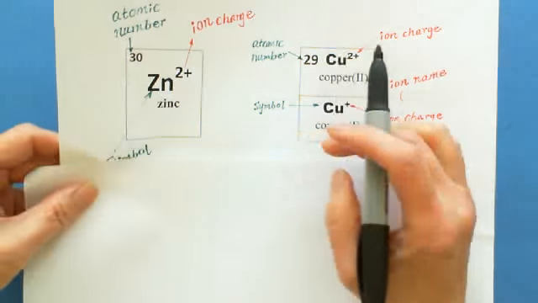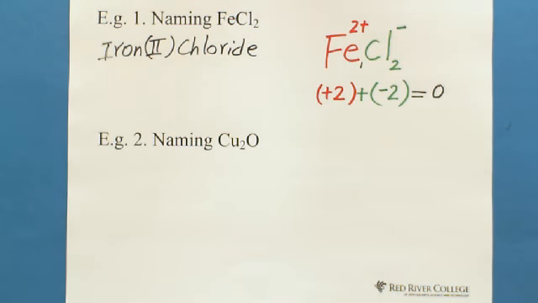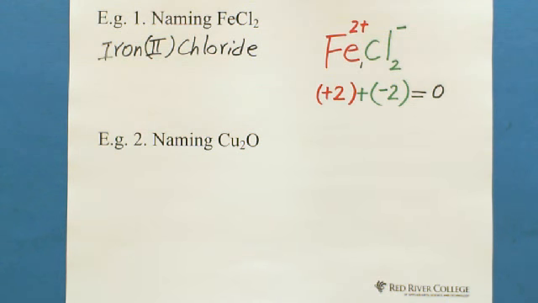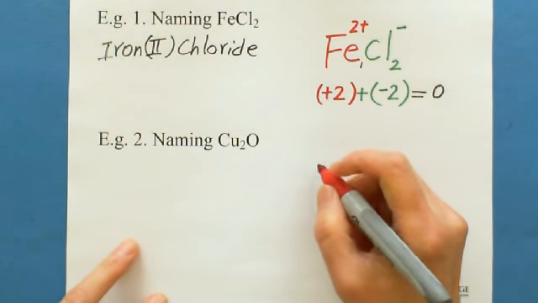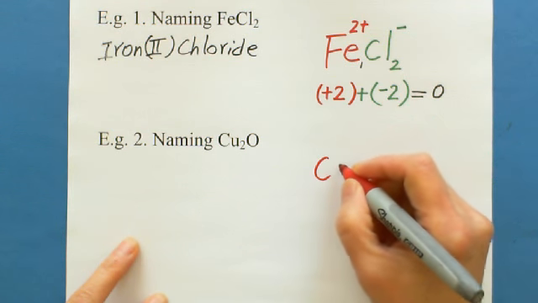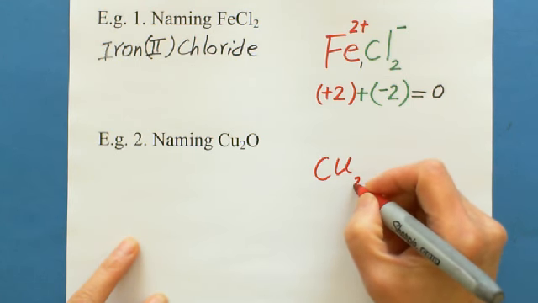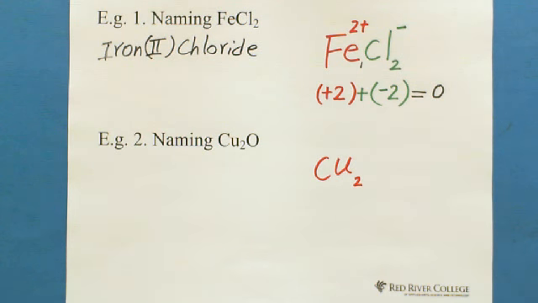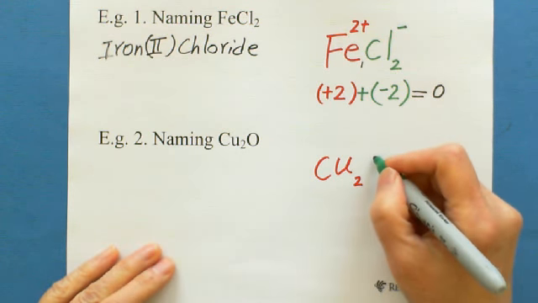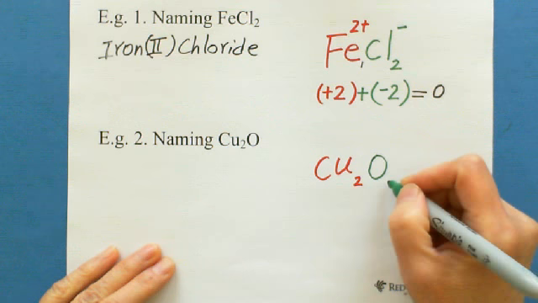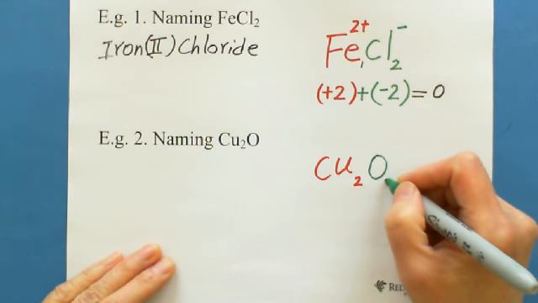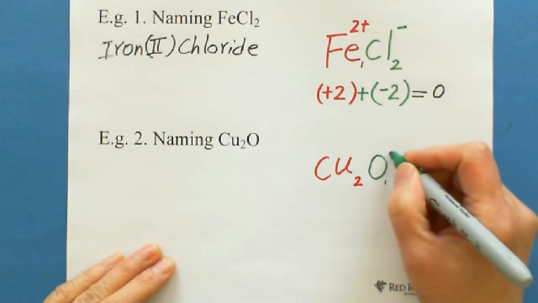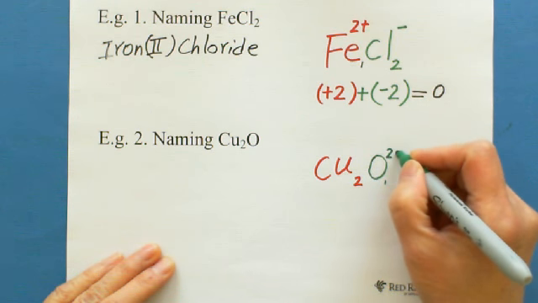Let's figure out in this compound if it is copper 1 or copper 2. We write copper as the metal in red, Cu. There are 2 ions in this compound. And the non-metal, oxygen, is only one ion. As we know, oxygen is always -2.